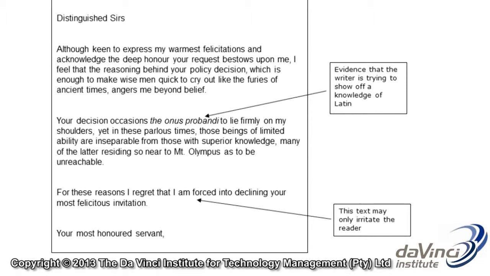Yet, in these parlous times, those beings of limited ability are inseparable from those with superior knowledge, many of the latter residing so near to Mount Olympus as to be unreachable. For these reasons, I regret that I am forced into declining your most felicitous invitation, your most honored servant.